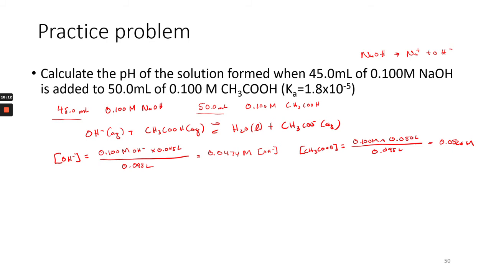Now we're going to set up our ICE table. So we have our acetic acid, our hydroxide, and our acetate. Our initial concentrations that we just calculated, we're going to write in here.